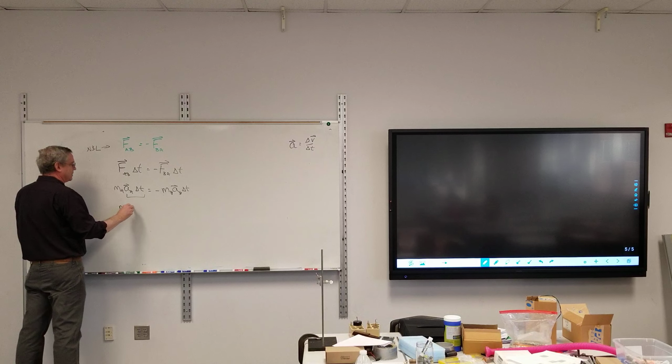So whatever P is, if I add up all the values initially, that's going to be equal to the final total. So I could just write this as P initial is equal to P final.